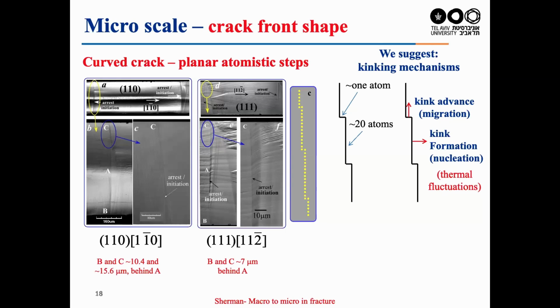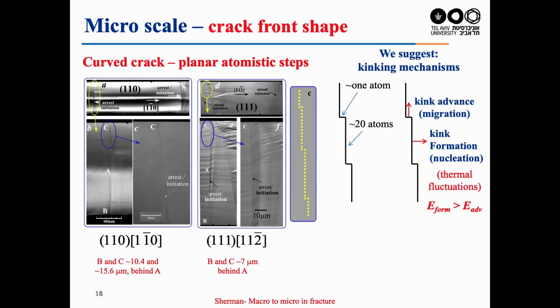Kink advance is propagating parallel to the crack front. The energy to propagate kink advance is only a bit over 2 gamma surface. But kink formation is much higher, and it should be nucleated using thermal fluctuation in the material.